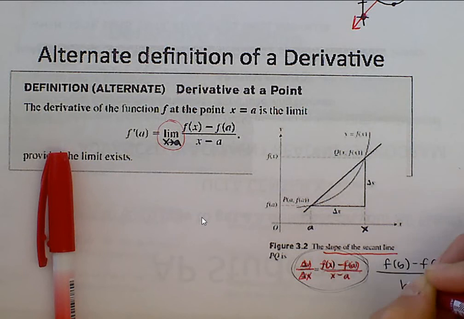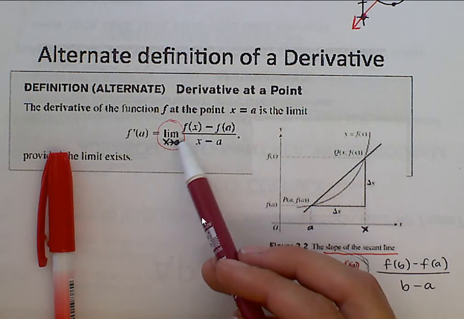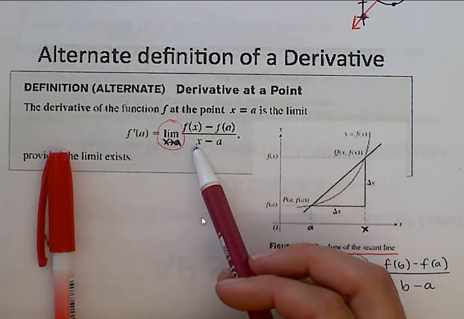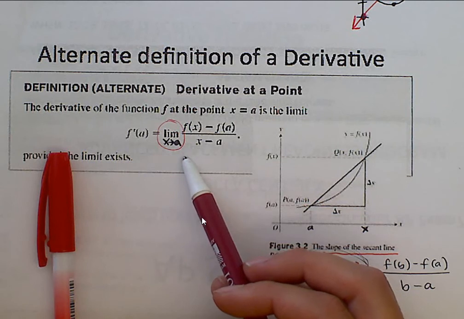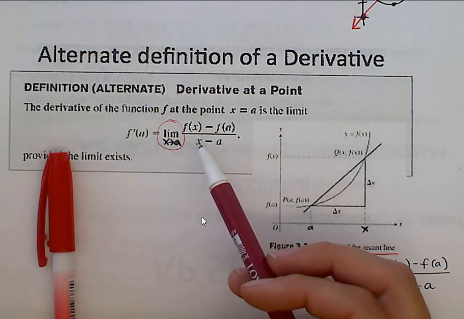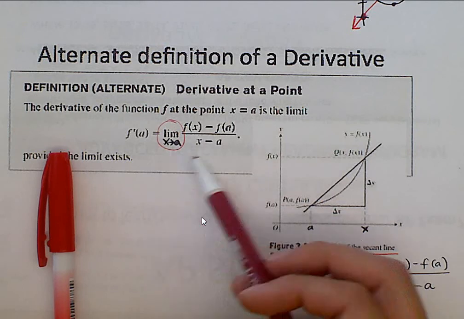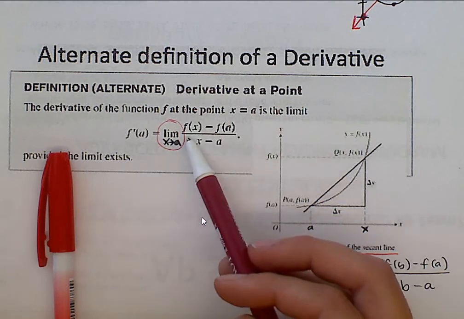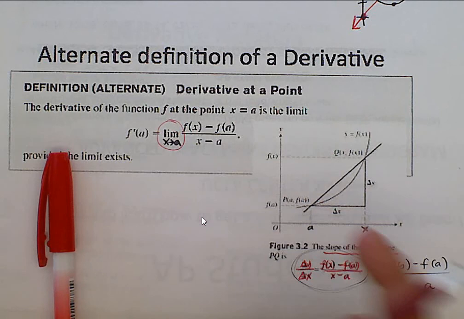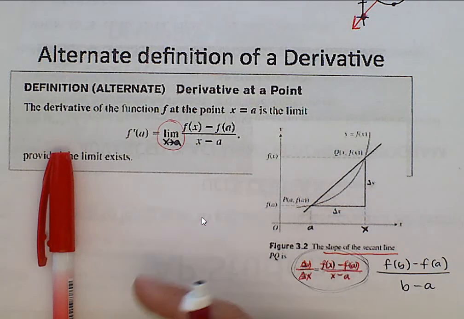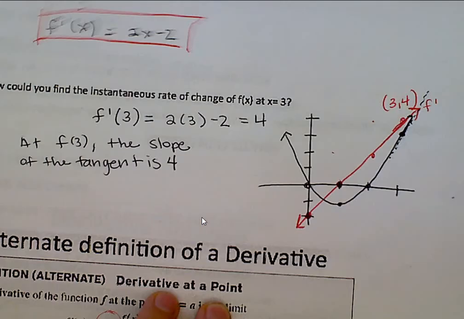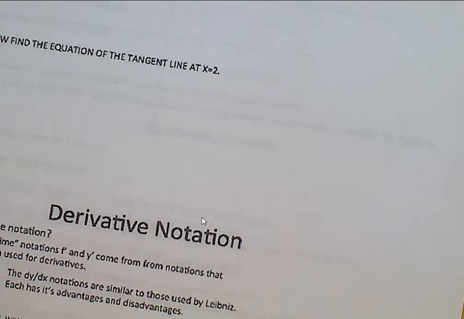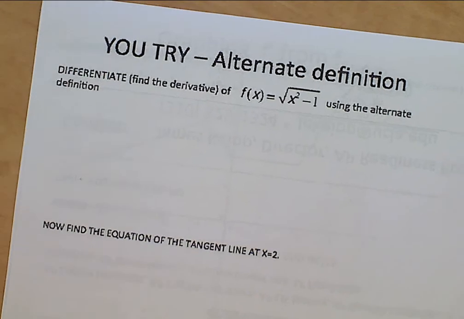This equation is the same thing as our other one, the limit as h approaches 0 of f of a plus h minus f of a over h. It's just a different form of it, but it functions in the same way. If you prefer this equation, you can use that. I'll just show you an example of how you would apply it. So right here, our alternative definition.